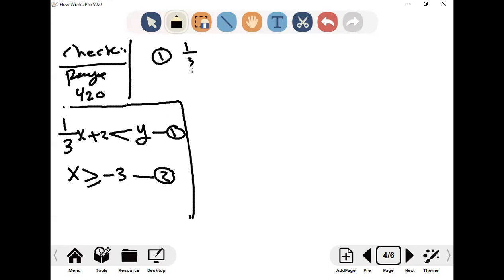So 1 over 3x plus 2 equals y, right? But x equals 0, y equals 2. But put y equals 0. Focus now. To avoid confusion, come here and solve it.